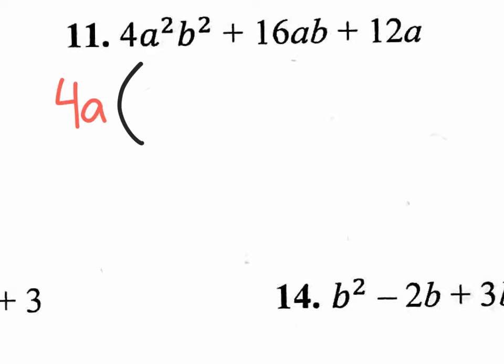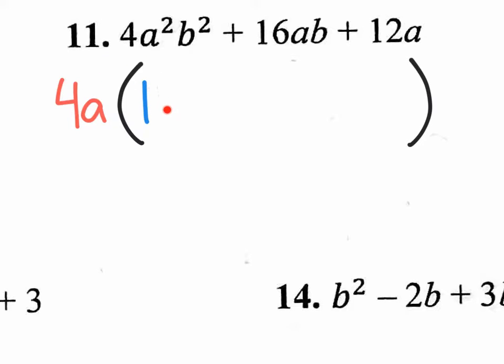Now, if I do pull out the 4a, what would be left on the inside of the parentheses? Well, let's take it one step at a time. The coefficient 4 times what coefficient will give me the coefficient 4? 1. So you could put a 1 right there if you want. You don't have to. I'll put a 1. And now let's go on to the a's.